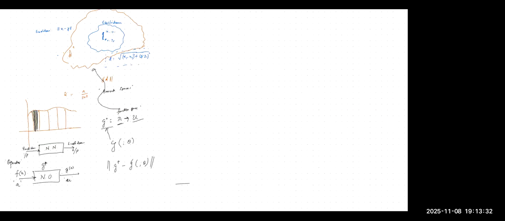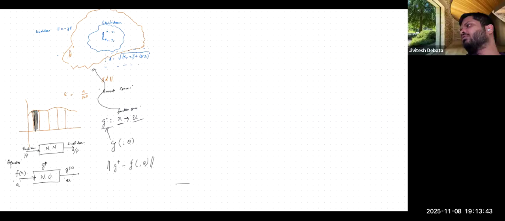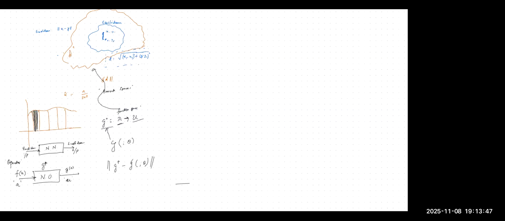That took us through equations 3, 4, 5. This was essentially the problem setup. This is equation number 3: G dagger, G theta.